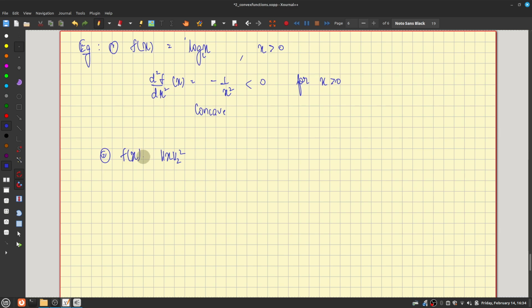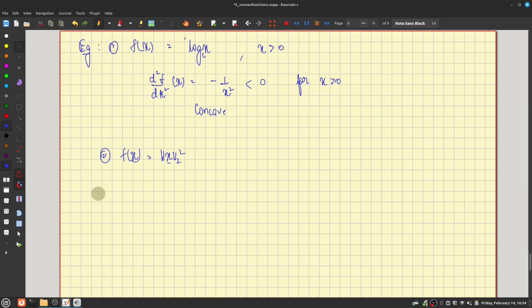Okay, the claim is that the 2 norm squared of x is convex, and why? This is a vector valued function. So the Hessian matrix is 2I.